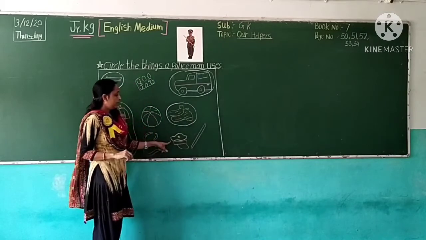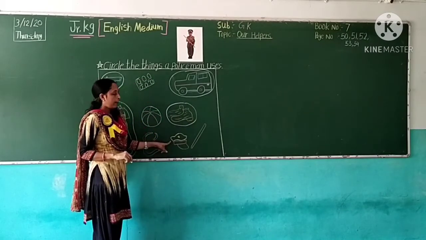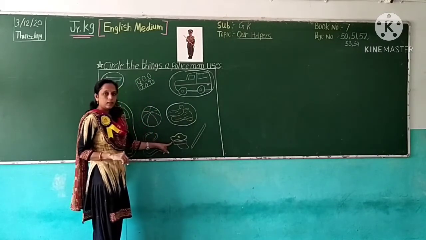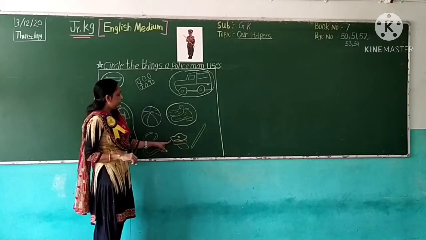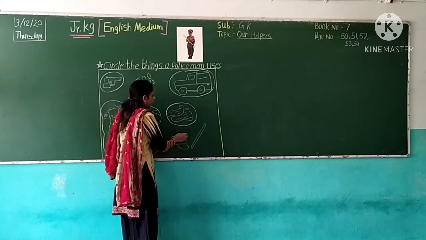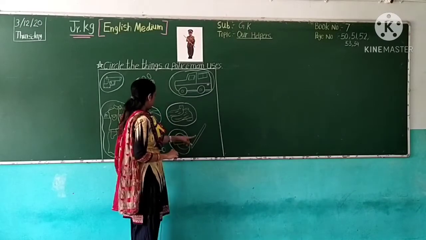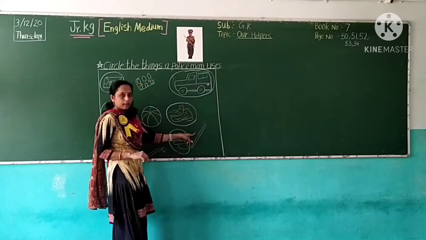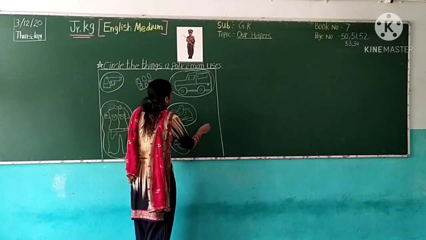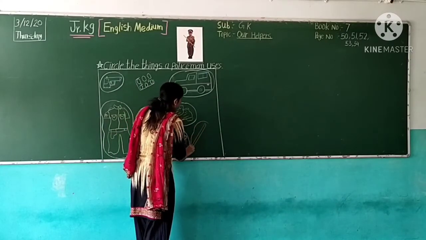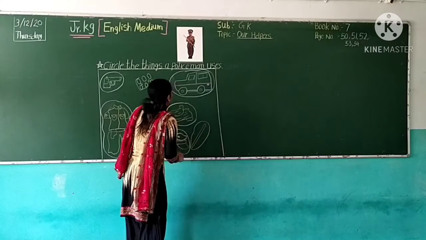Now next, which picture is this? Cap. Which picture is this? Cap. These things are used by a policeman. So here we circle. Now next, what is this? Stick. Okay. So these things are used by a policeman.